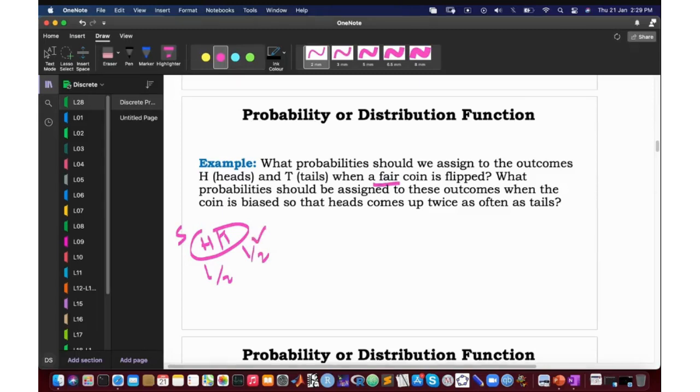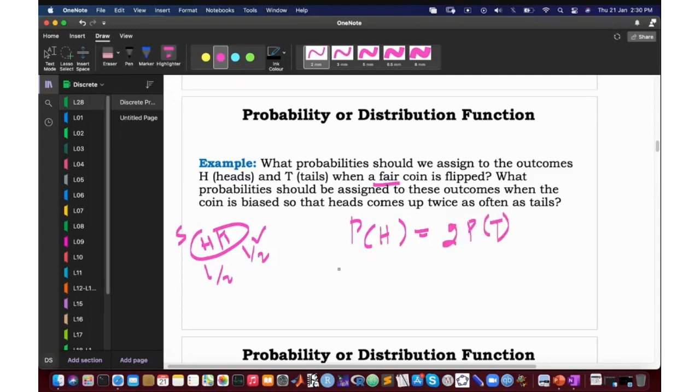What probabilities should you assign to these outcomes when the coin is slightly biased and the heads comes up twice as often as tails? 2/3 and 1/3. Yeah, so basically the probability of heads is equal to 2 times the probability of tail.